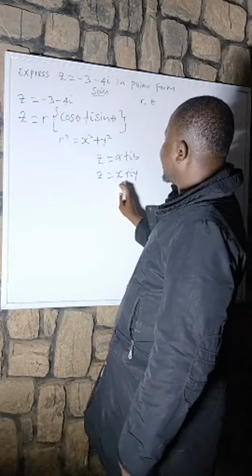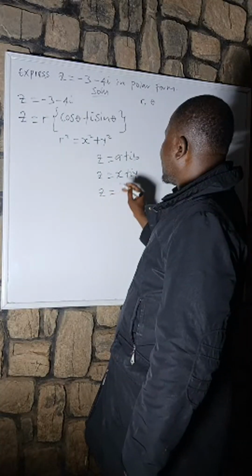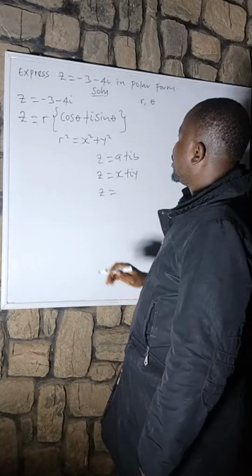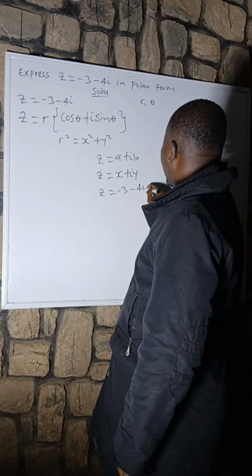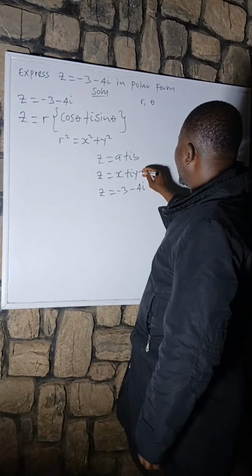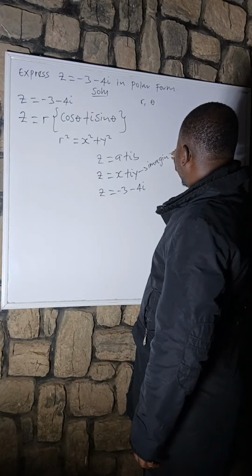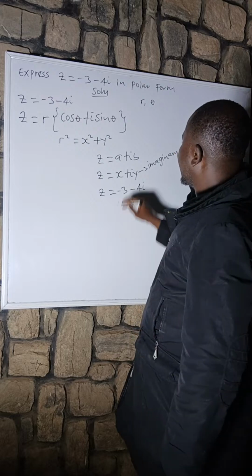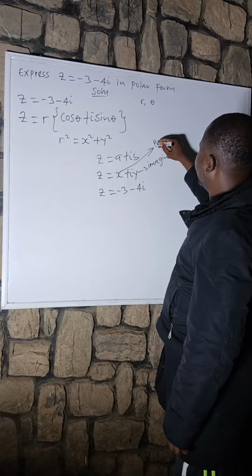So if z is equal to x plus iy, we have been given z as minus 3 minus 4i, isn't it? We know that this is the imaginary part and this is the real part.